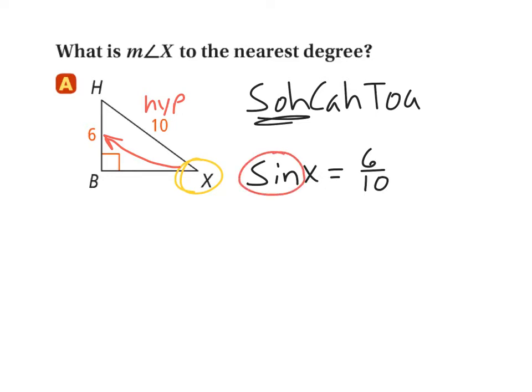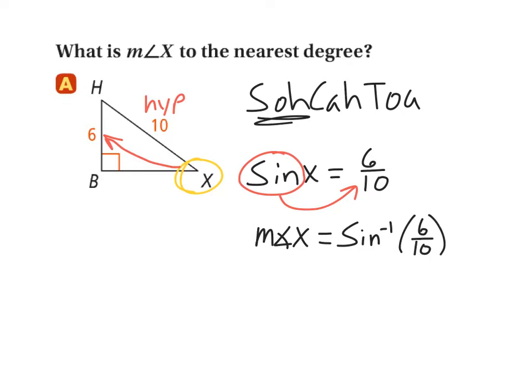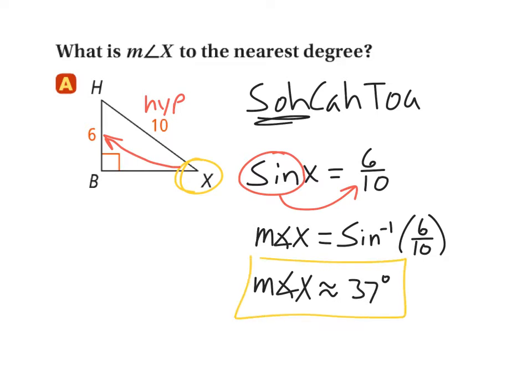You want to take the word sine and move it to the other side of the equation. So it's now the measure of angle X equals the inverse sine of 6/10. We can plug that into our calculator, and we find that the measure of angle X must be approximately 37 degrees, rounding to the nearest degree like they ask us to.